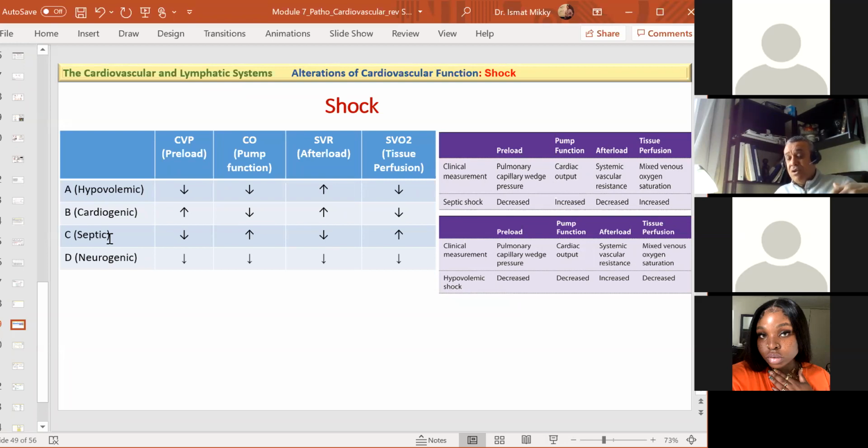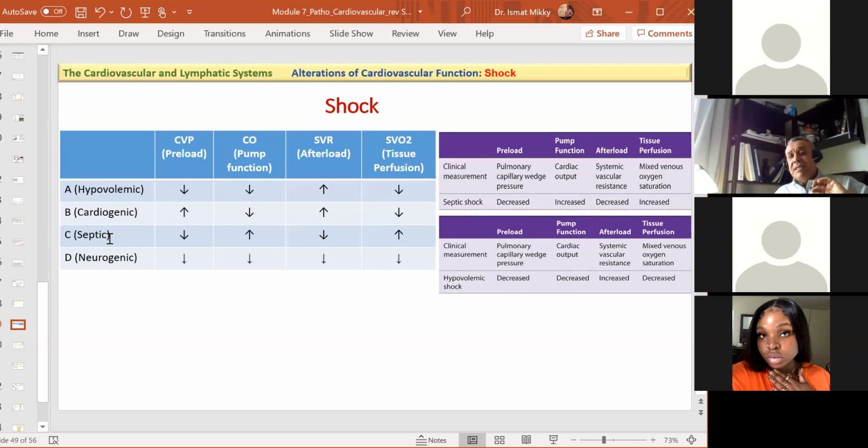We have a central line, or CVP line, for example, to measure the CVP, which is central venous pressure. Cardiac output we also measure with the arterial line. And same thing with the SVR and the SVO2.